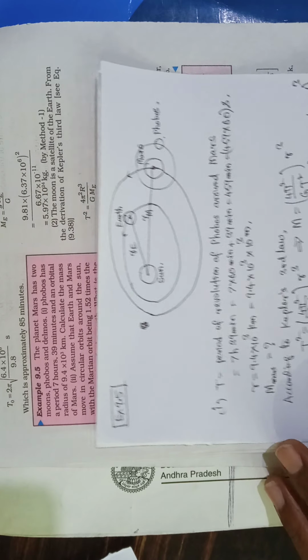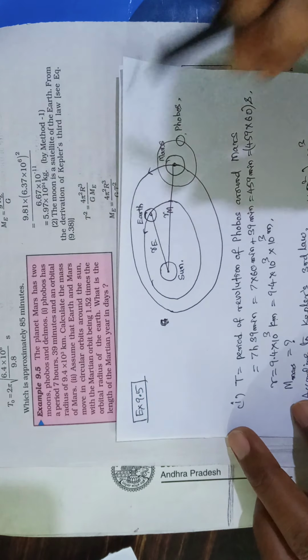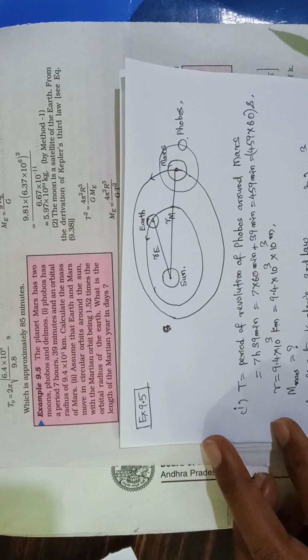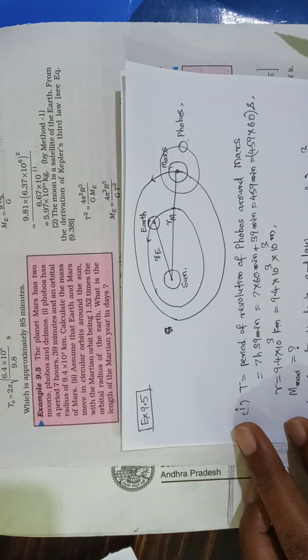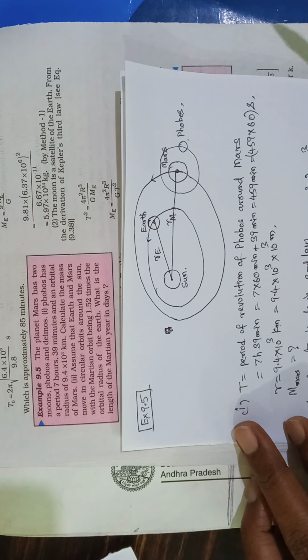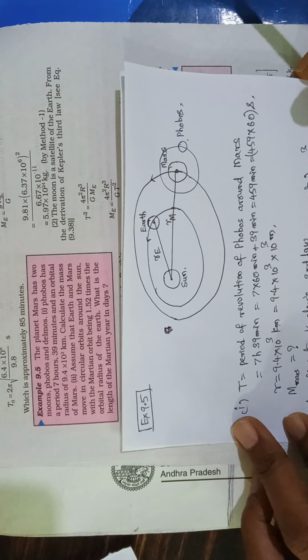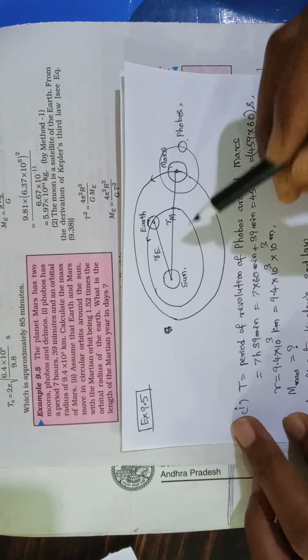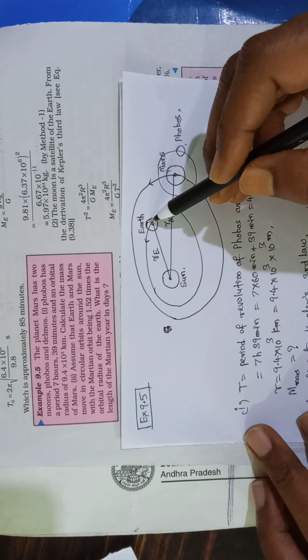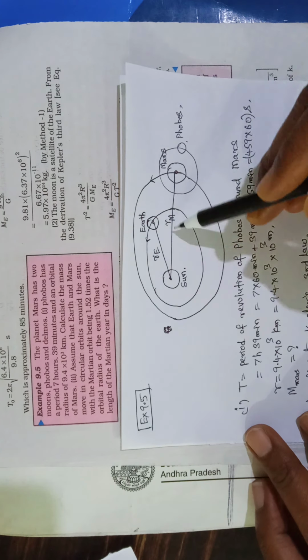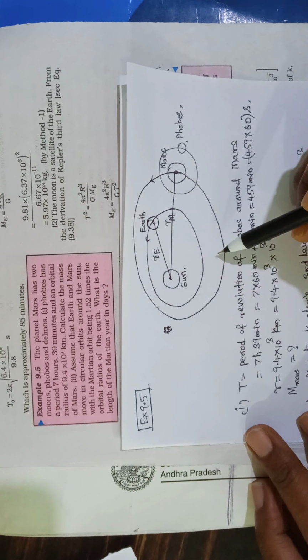So what is asked in this? Assume that Earth and Mars move in circular orbits around the Sun, with the Martian orbit being 1.52 times the orbital radius of the Earth. See here, this is Earth orbit, this is Martian orbit.